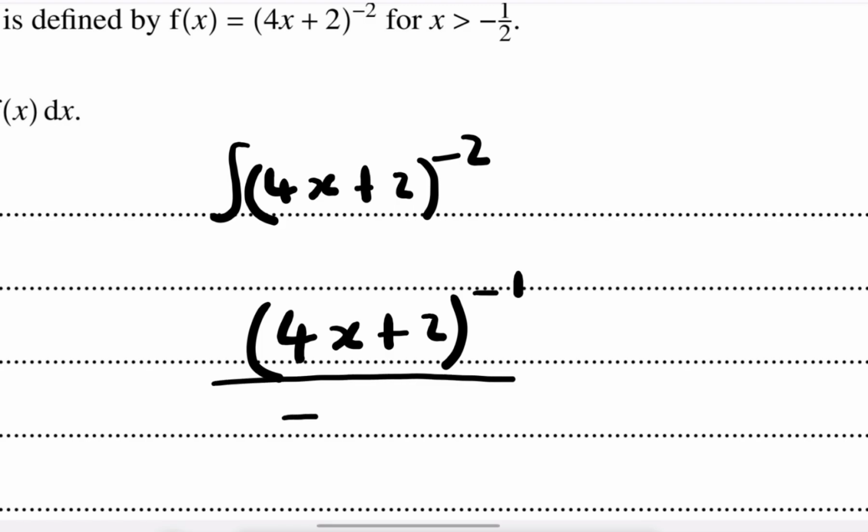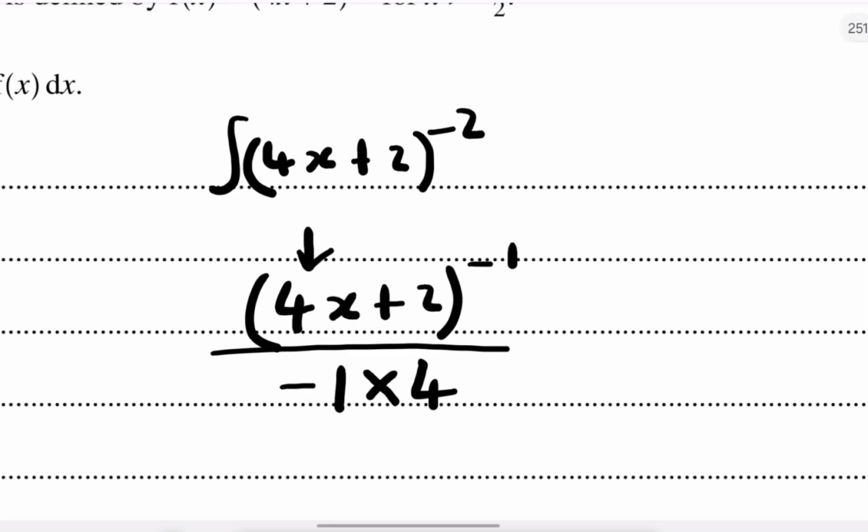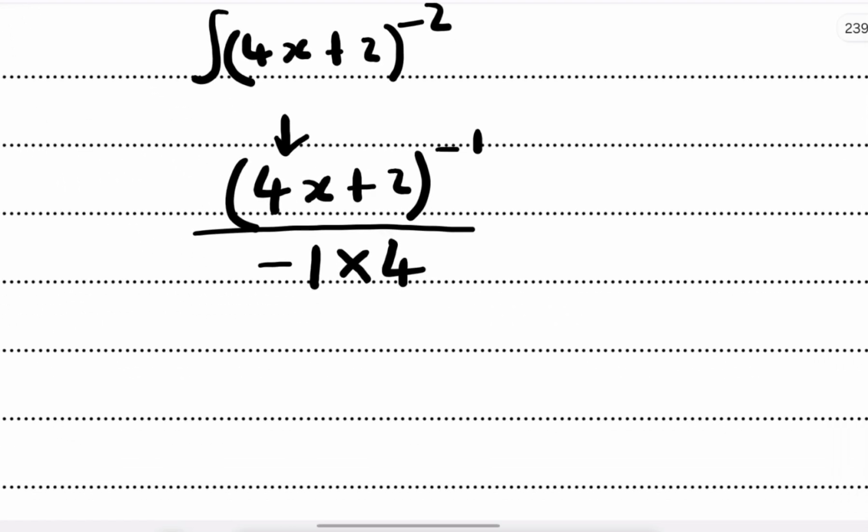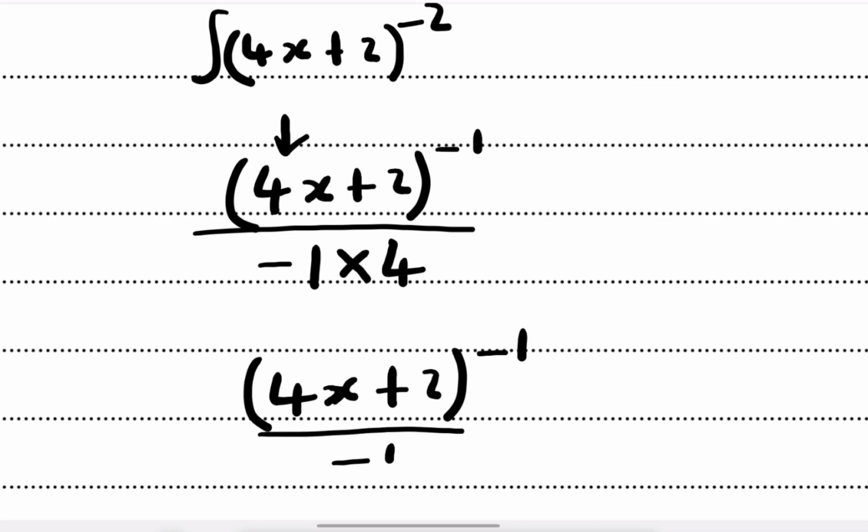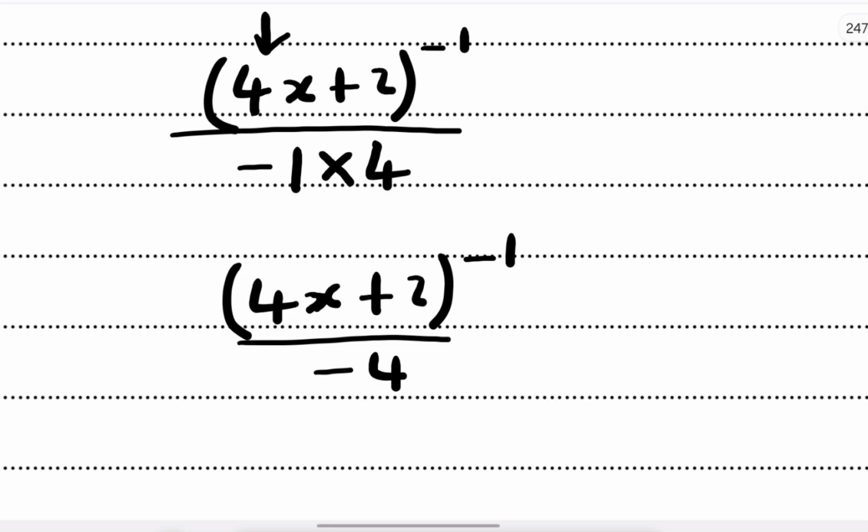Then we divide by the new power and multiply by the derivative of the bracket. If we differentiate what's in the bracket, we get 4, so we multiply by 4. This comes to (4x + 2) to the power minus 1 over minus 4.